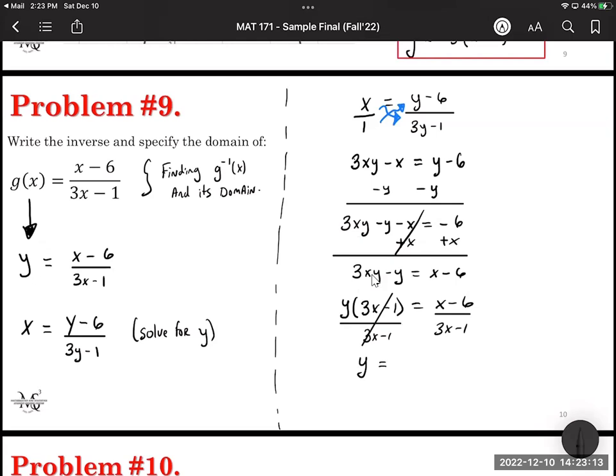Hold on. Did I get back the original equation here? I shouldn't get back the original equation. Give me 1 second.